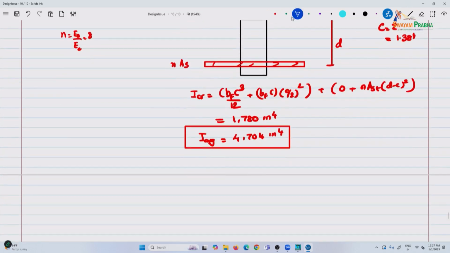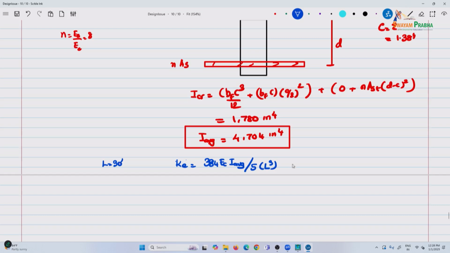Then your KE is 384 E sub C I average divided by 5 L cubed. L is equal to 30 feet.